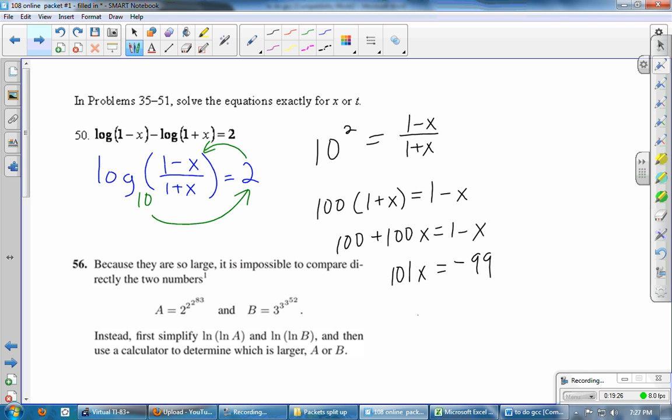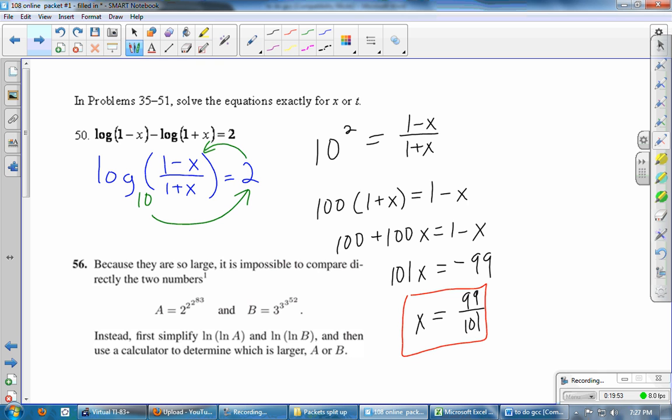And then divide by 101. Again, 2 different logs in the problem. Combine those 2 logs together to make 1 log using a property of logs, and then use the definition to convert the log equation to the corresponding exponential equation.